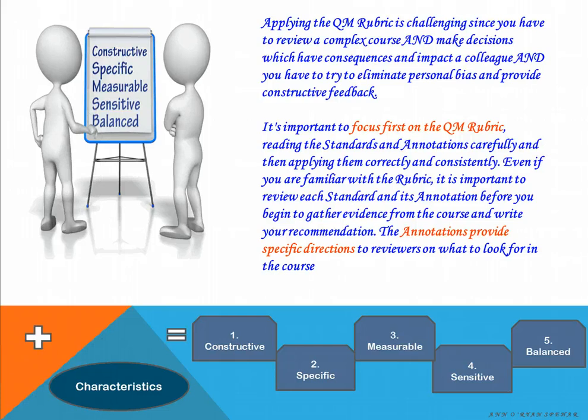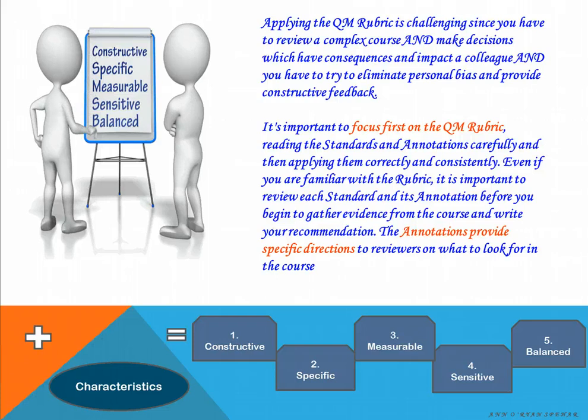So, applying Quality Matters rubrics is challenging. We all know that. And since you have to review a complex course and make decisions which have serious consequences and certainly impact a colleague, and as well as you have to try to eliminate your own personal bias and provide constructive feedback, all of this tends to lead to very confusing and stressful situations.